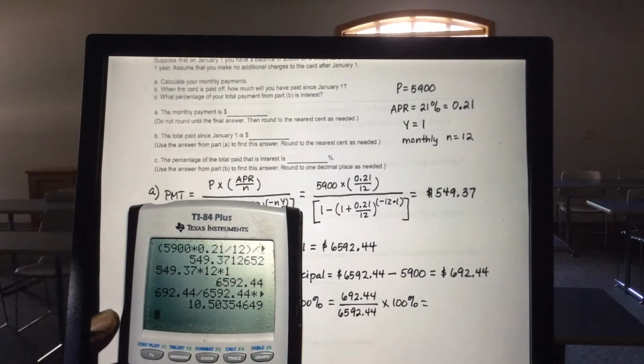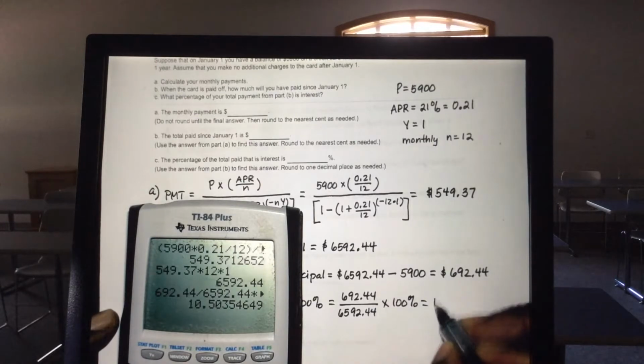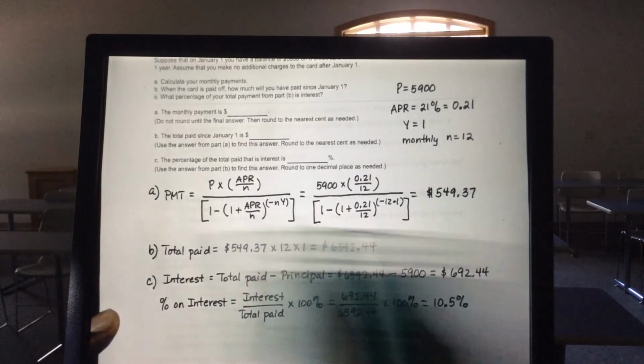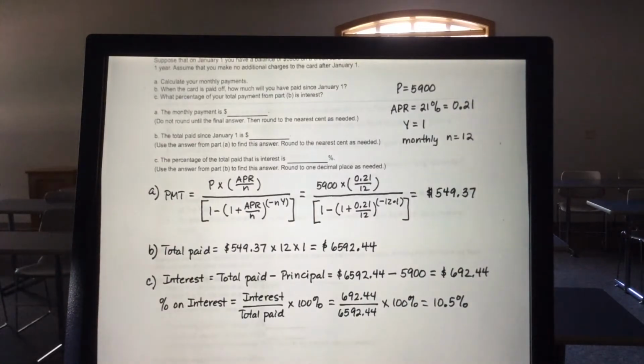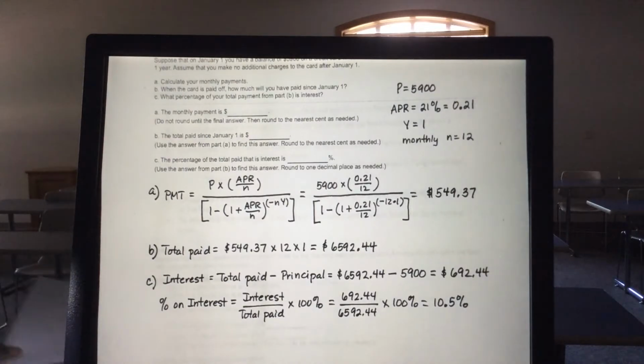To one decimal place, it'll be 10.5%. So 10.5% of the total that's paid will go towards interest. Okay.